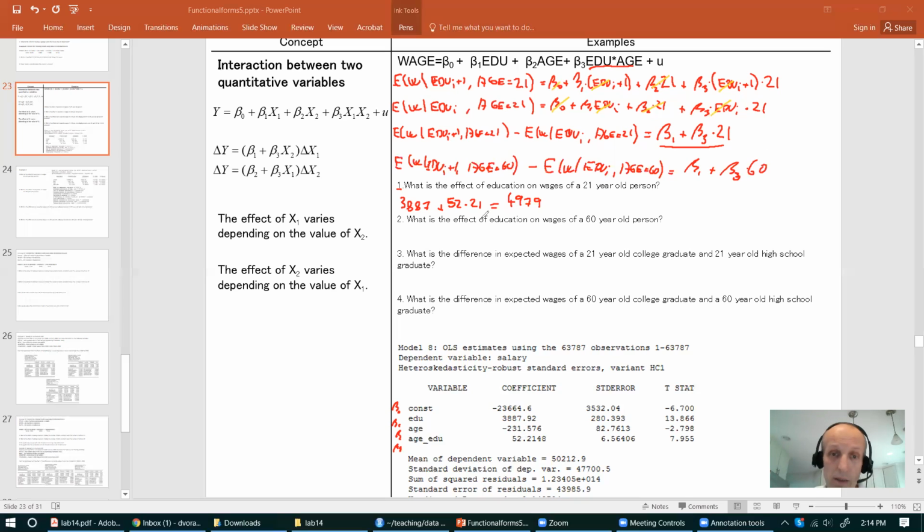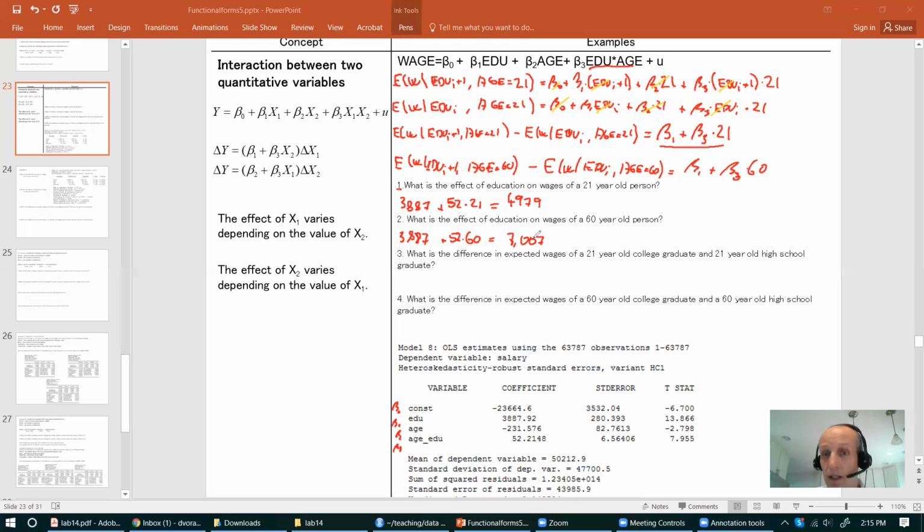Using our estimate, that would give us 3,887 plus 52 times 60, which gives us 7,007 dollars. So an extra year of education for a 60-year-old gives him or her a boost of $7,000.